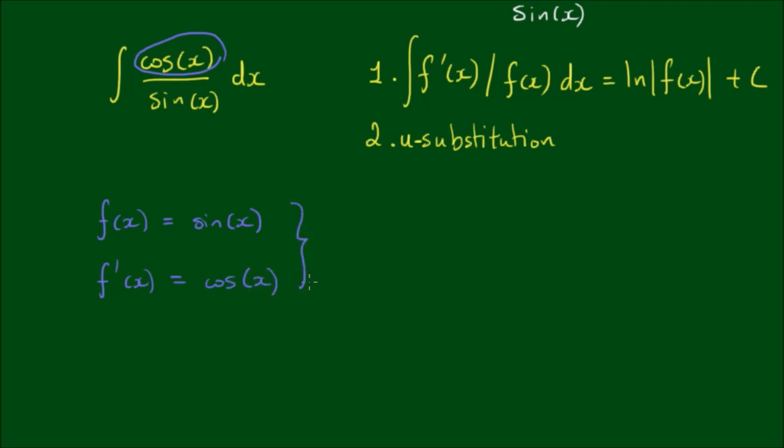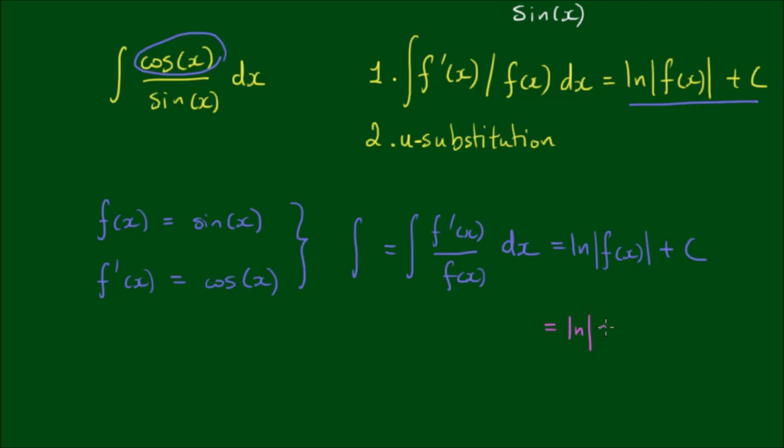So by realizing this, we simply put the integral into the form of f prime of x over f of x dx, which equals, as we said, the log of the absolute value of f of x plus c. And of course, in our case, f of x was equal to the sine of x. So therefore, the integral of the cotangent of x is equal to the log of the sine of x plus c by method number one.